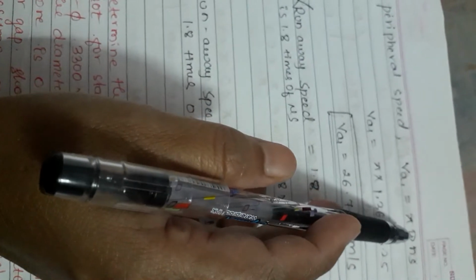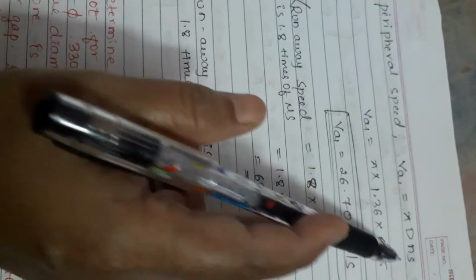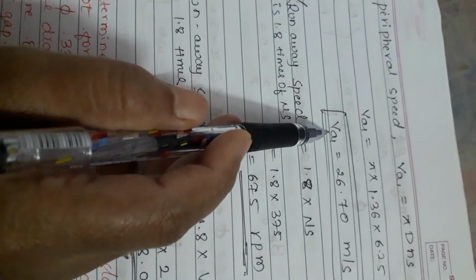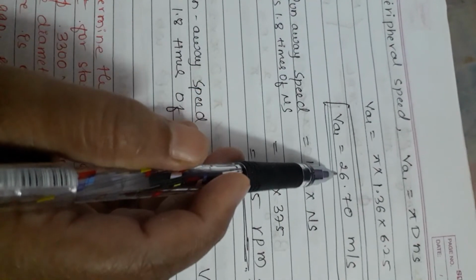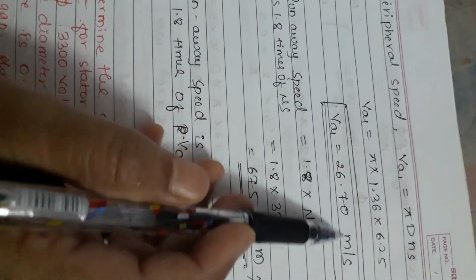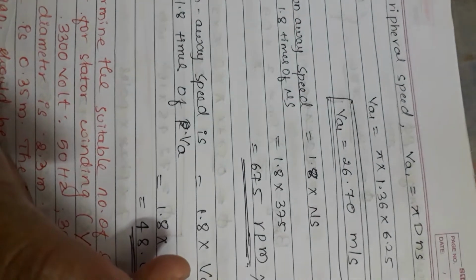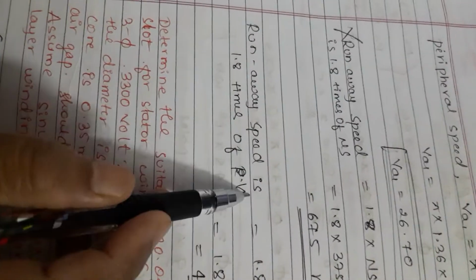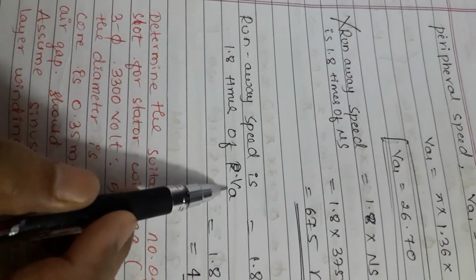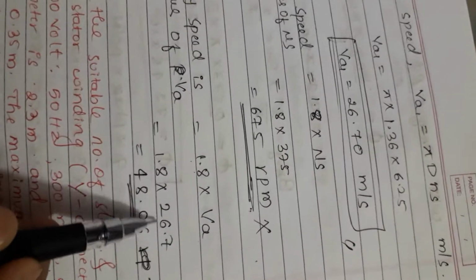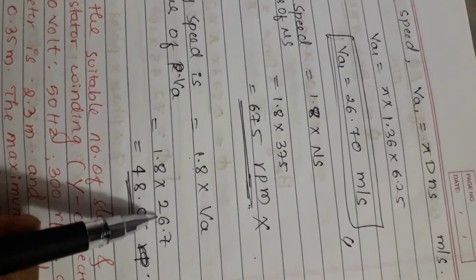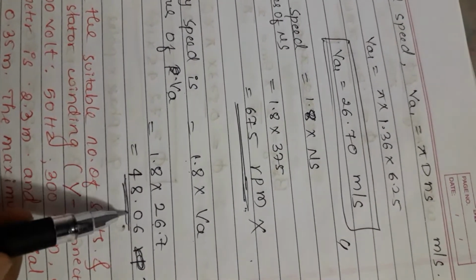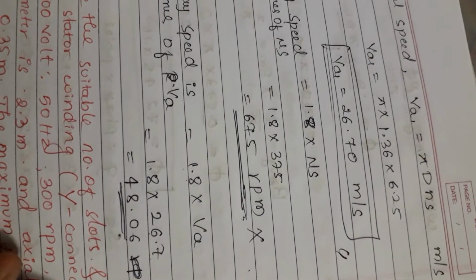Now the peripheral speed Va is equal to pi D ns. Pi we know, D we know, ns we know. So we got peripheral speed Va as 26.70 meters per second. But the condition has been given that the runaway speed is 1.8 times Va. So 1.8 into Va, with Va as 26.7, gives 48.06 meters per second.